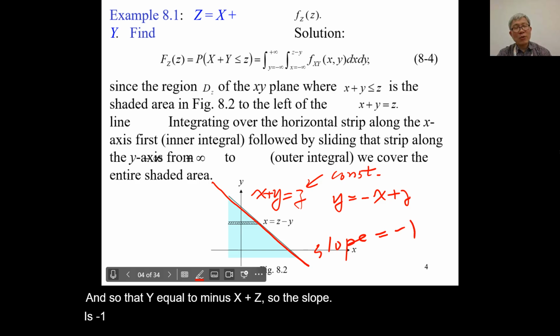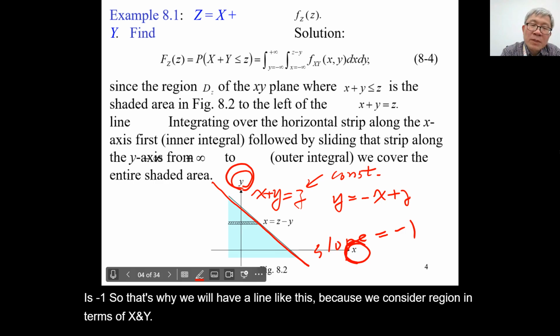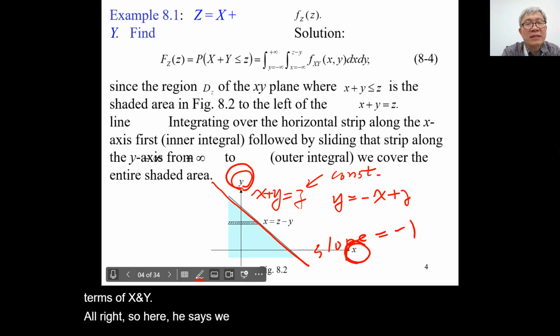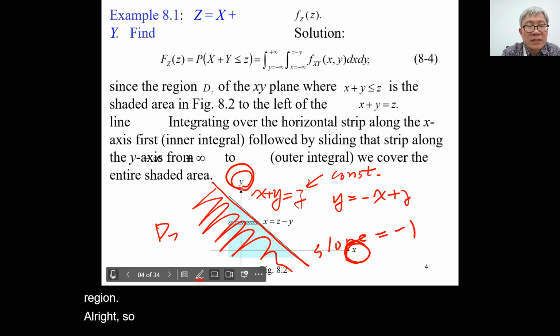That's why we have a line like this, because we consider the region in terms of X and Y. So this is the region.